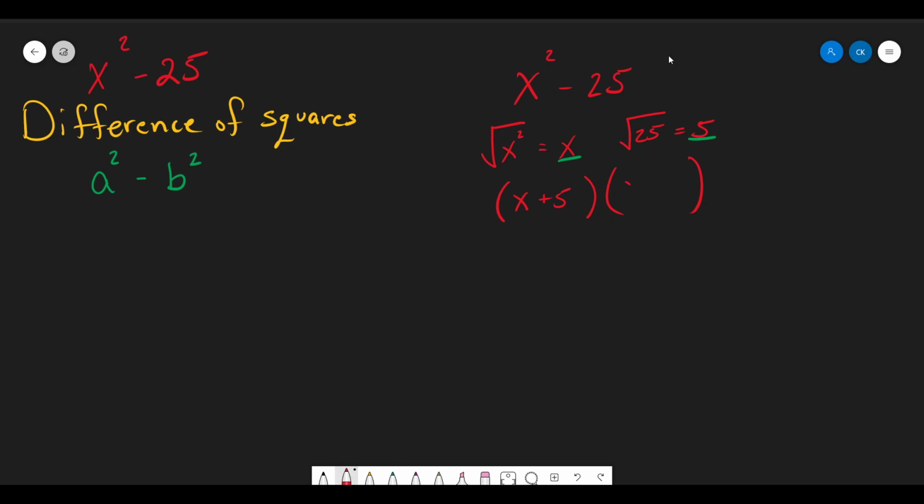And in the other parentheses, it'll be x minus 5. We take the two things again, but this time we subtract them. So when we're factoring a binomial using the difference of squares, take the square root of the first term, take the square root of the second term, and put those two numbers inside your two parentheses. In one, it'll be the first plus the second, and in the other, it'll be the first minus the second.